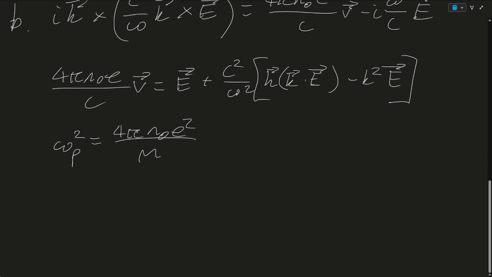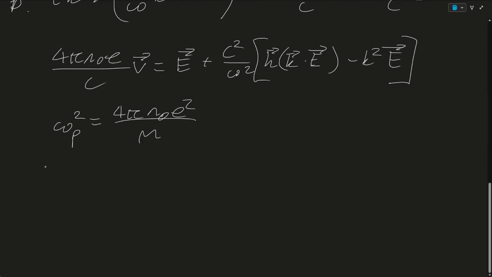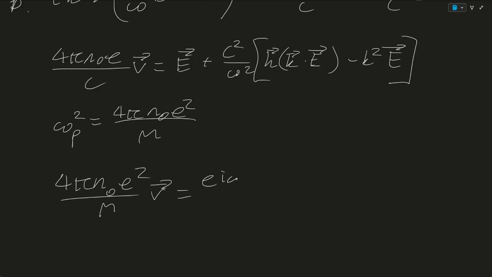And we can multiply the momentum equation by 4 pi n naught e i over omega, which should get rid of some stuff. So 4 pi n naught e squared over m v is equal to e i omega p squared over m omega E.